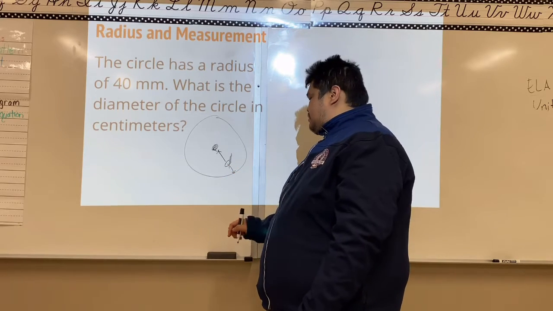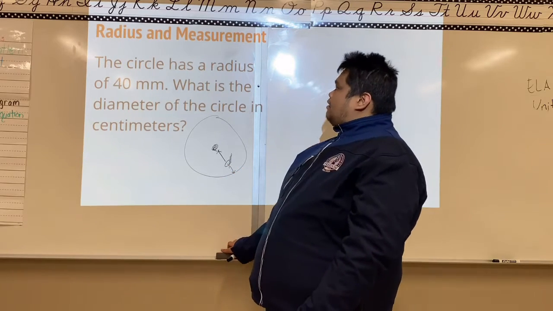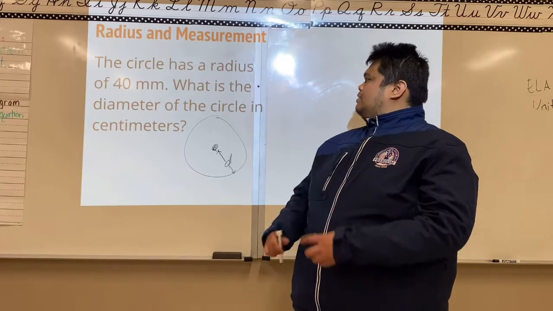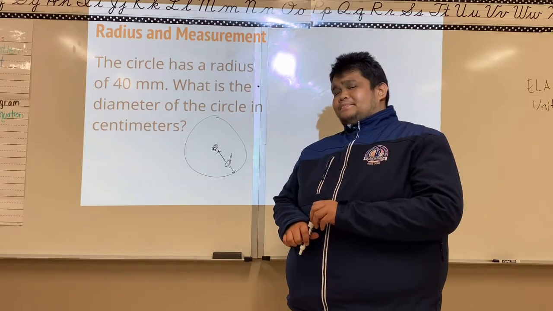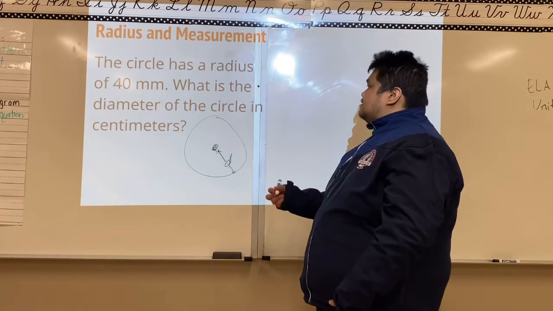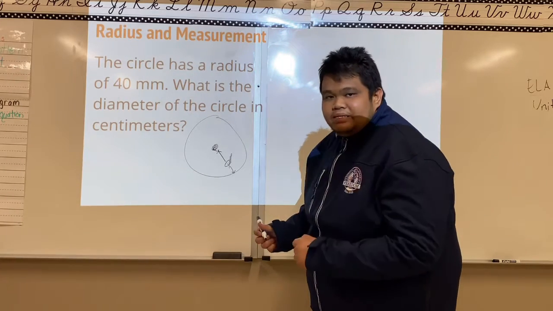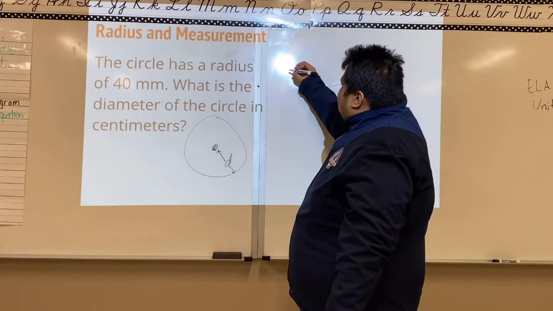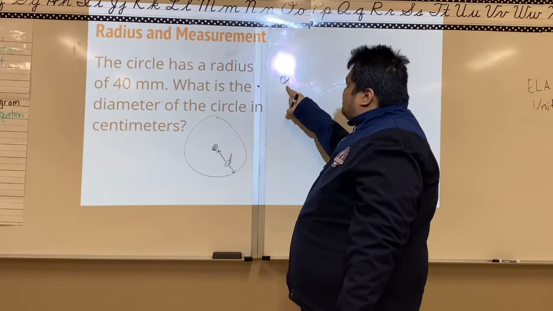Okay, alright. So now class, how do we get the diameter? Do you know? If not, here it is. Remember this formula. I want you to copy this in your notebooks. D stands for diameter.